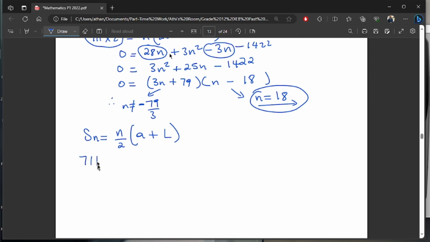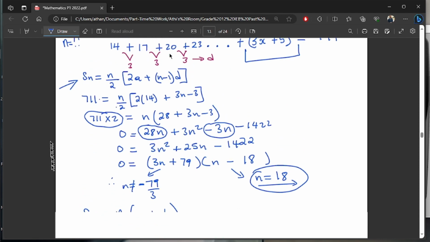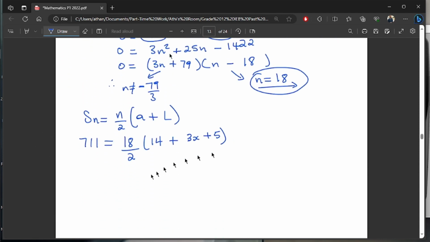So basically, I do the same substitution, 711. I now know that the value of n, or the number of terms, is 18. And then a is 14 plus the value of l, the last term which we found at the beginning. It was 3x plus 5. Let me just confirm that quickly. Yes, it's 3x plus 5. Then we can just solve for x there.